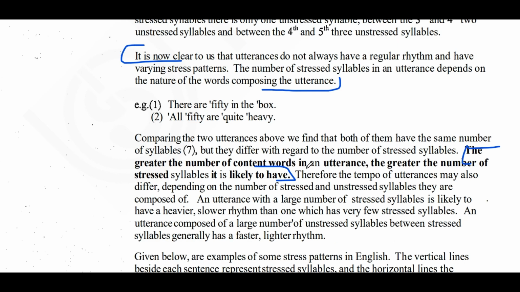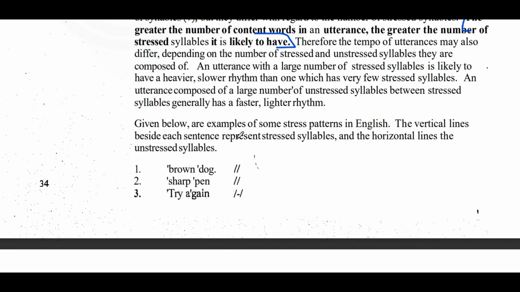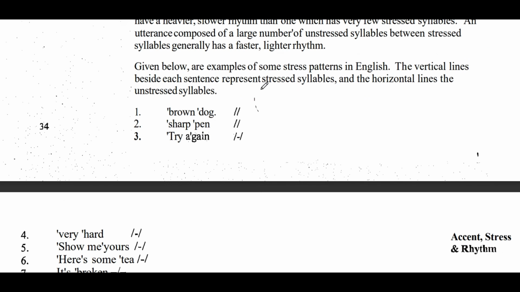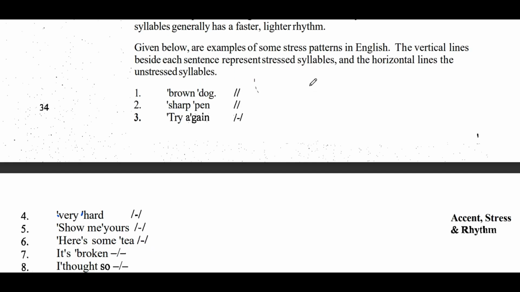The greater the number of content words in an utterance, the greater the number of stressed syllables it is likely to have. For example, the longer the sentence is, the more syllables you're going to have which are stressed. Now they have given us certain rules for which part we should emphasize more, and they have also given these symbols. Beside each sentence, vertical lines represent stressed syllables and horizontal lines represent unstressed syllables.